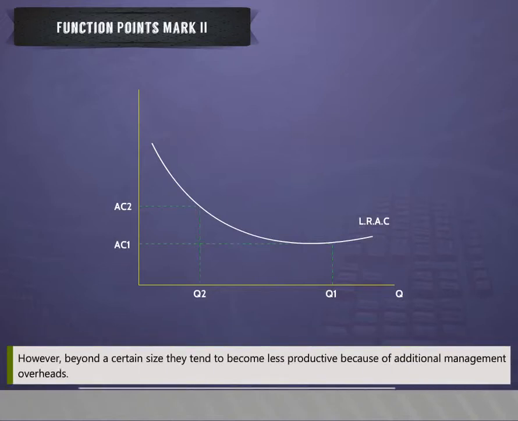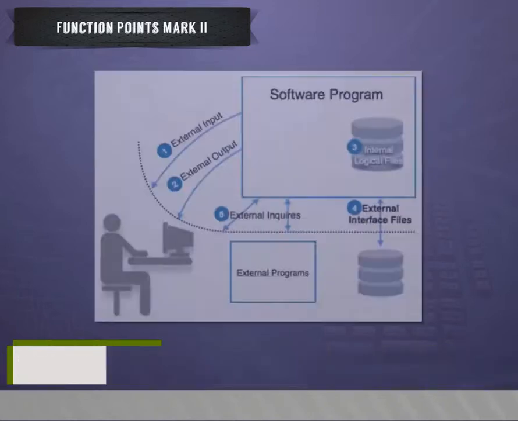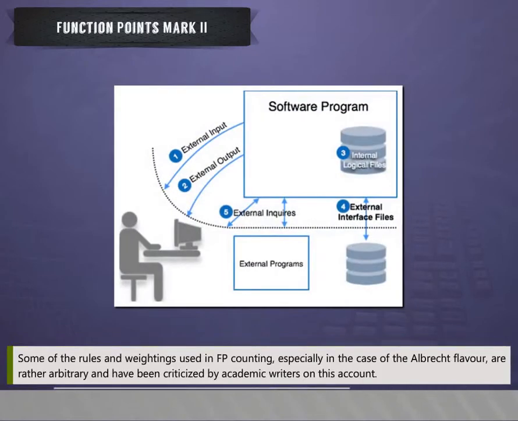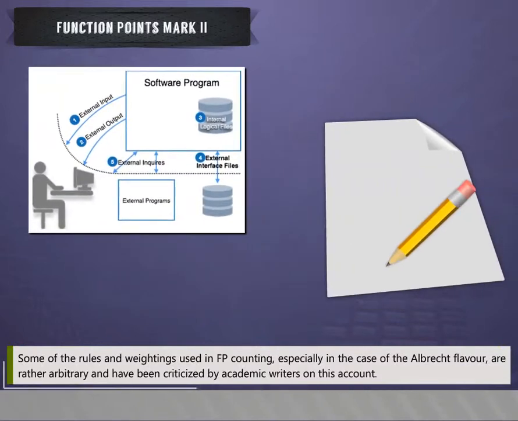However, beyond a certain size, they tend to become less productive because of additional management overheads. Some of the rules and weightings used in FP counting, especially in the case of Albrecht's flavor, are rather arbitrary and have been criticized by academic writers on this account.